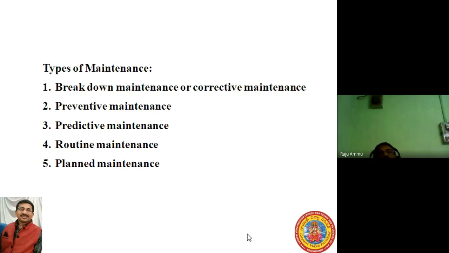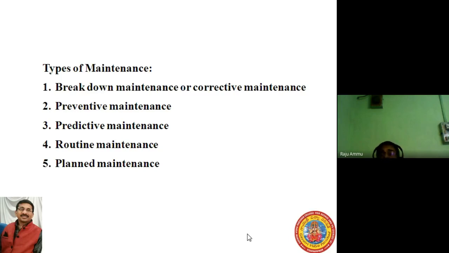Next one is predictive. What is this predictive? Preventive means preventing it from happening. Okay, then what is predictive? What do you understand by predictive? You are anticipating here. If something will go wrong, how to maintain it.